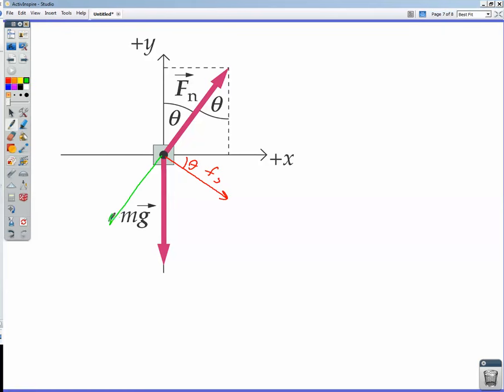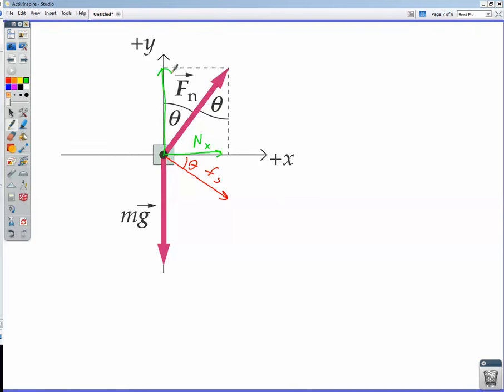Okay, so in this case, we're going to have to find the components of our weight force, so mg in the y direction, and we've got, I messed that up completely. Let's go back. No, because our weight force is going straight in the y direction, we don't need those components. Sorry, we need the components of the normal force. So we've got the x component of the normal force, we'll call Nx.